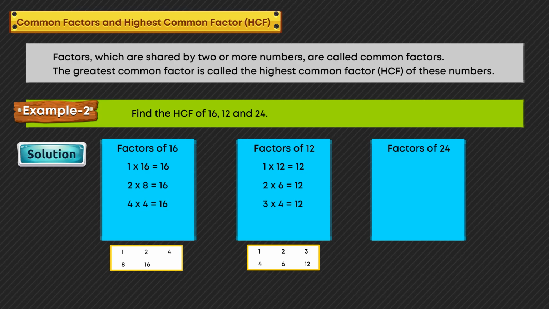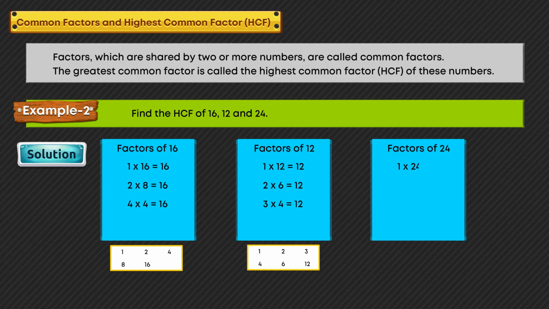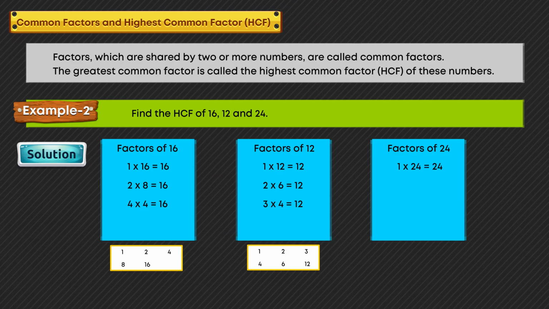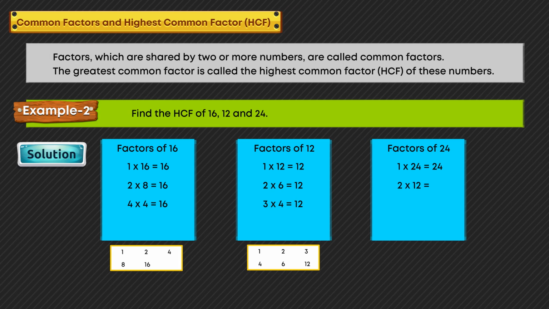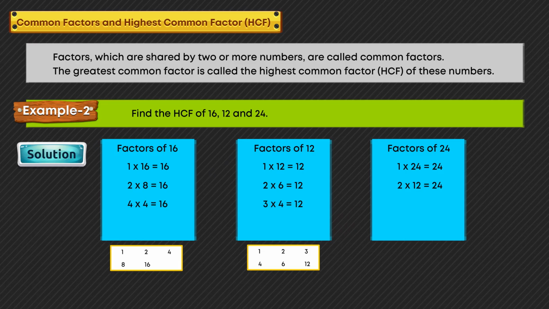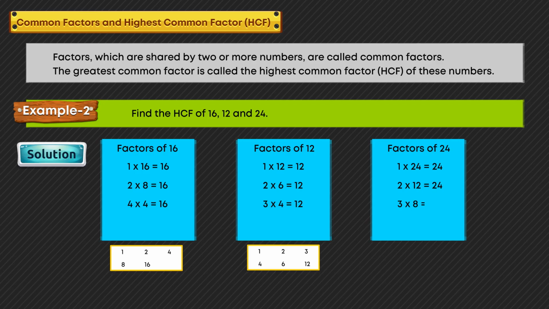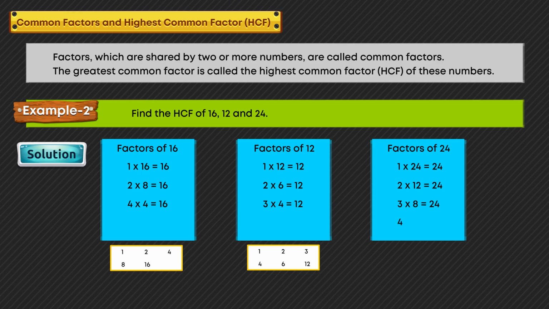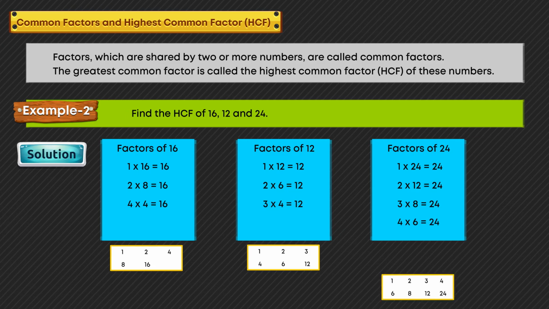Factors of 24. 1 into 24 is equal to 24. 2 into 12 is equal to 24. 3 into 8 is equal to 24. 4 into 6 is equal to 24.